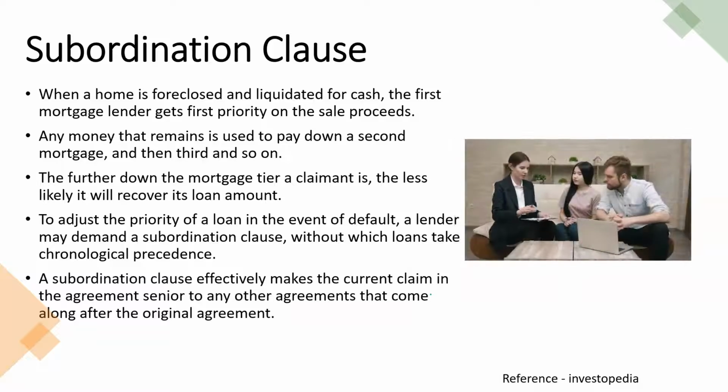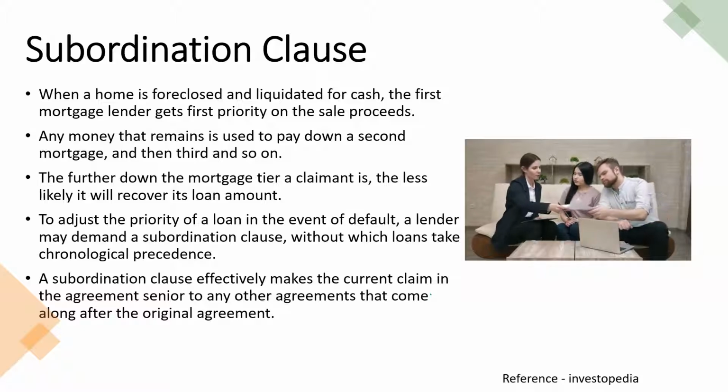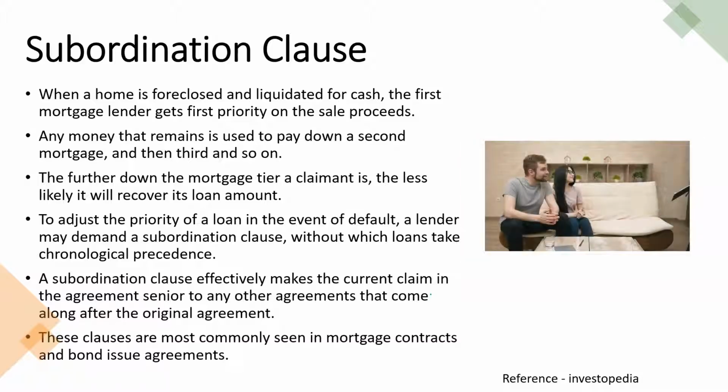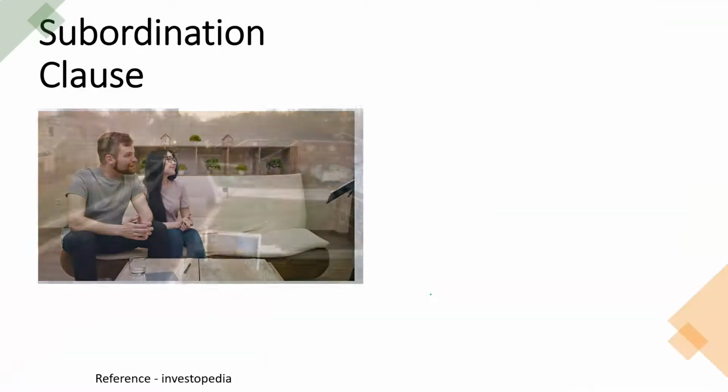So they're going to take the chronological precedence unless there's a clause that's going to basically change that. A subordination clause effectively makes the current claim in the agreement senior to any other agreements that came along after the original agreement. These clauses are most commonly seen in mortgage contracts and bond issue agreements.